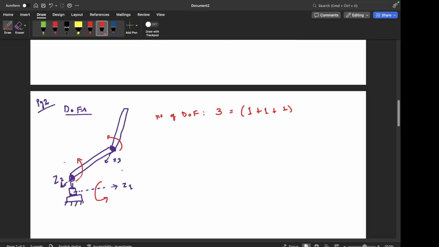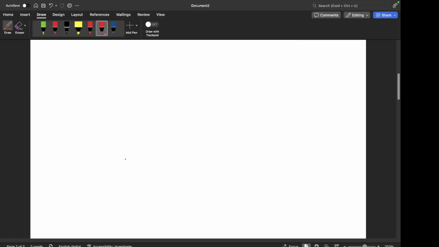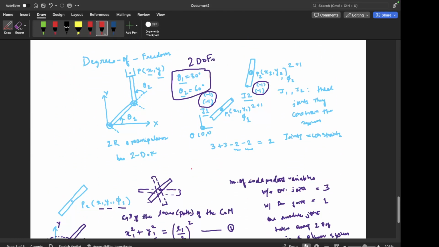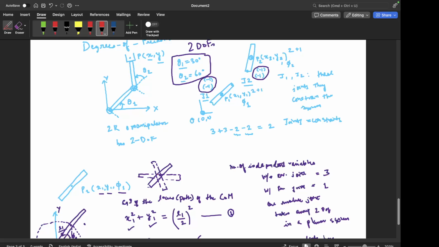Because as we have seen in the case of the system, adding one, now the same argument of the planar case follows. The numbers would change because in a planar case, a body can be described by three parameters.